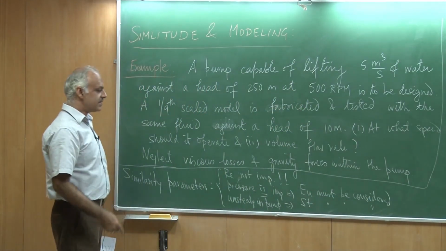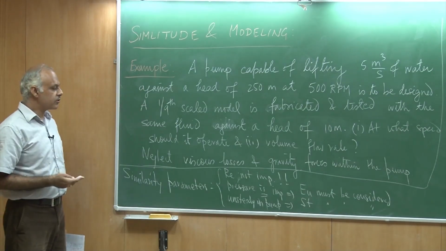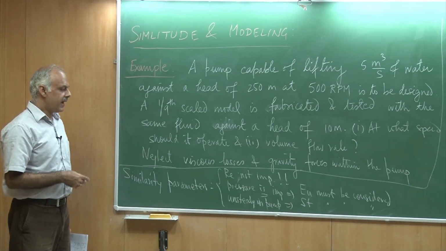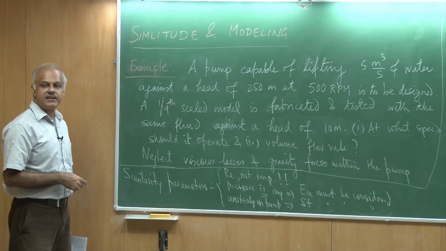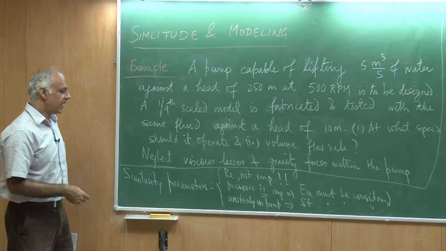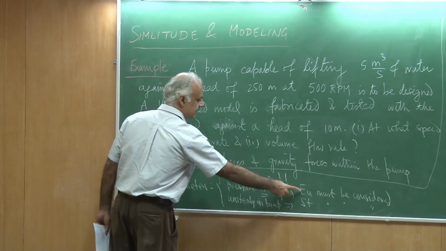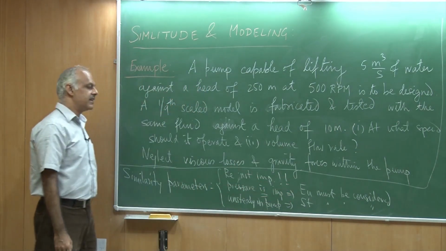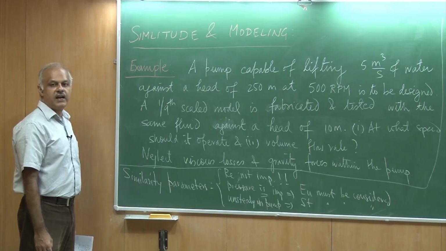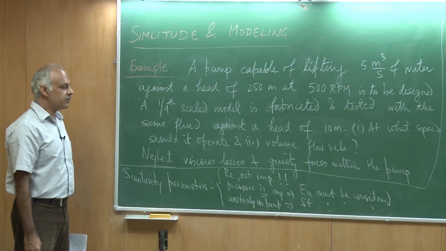So, this is an interesting problem where we do not have to worry about the Reynolds number, and for dynamic similarity we must ensure that these two parameters, the Euler number and the Strouhal number, are identical between the model and prototype.